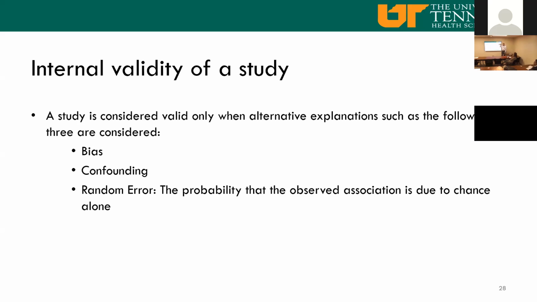That 0.05 alpha value is the one that you set for chance. So if the probability of chance explaining the observed association is less than 1 in about 20, or less than 0.05, I would still consider this an association. So the probability that chance explains the observed association is very minimal.